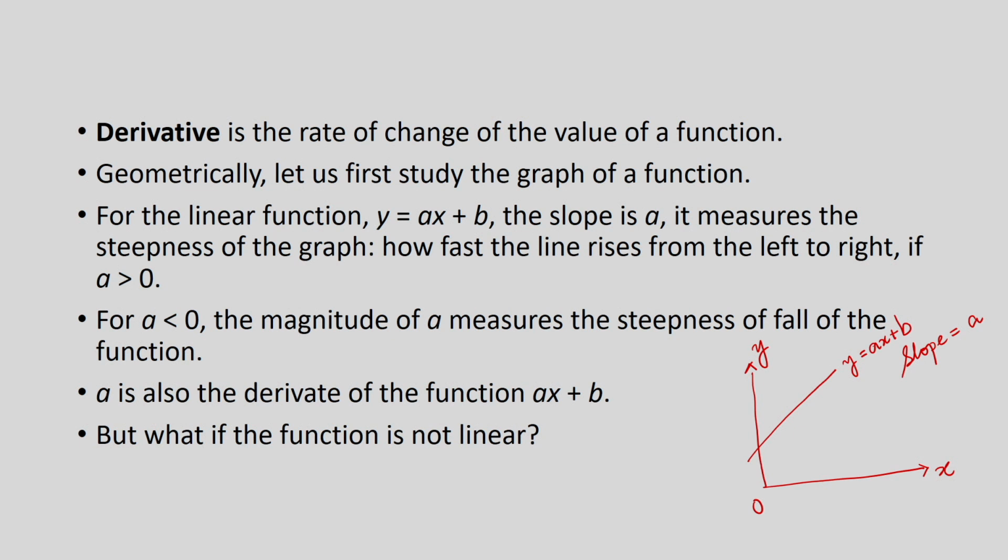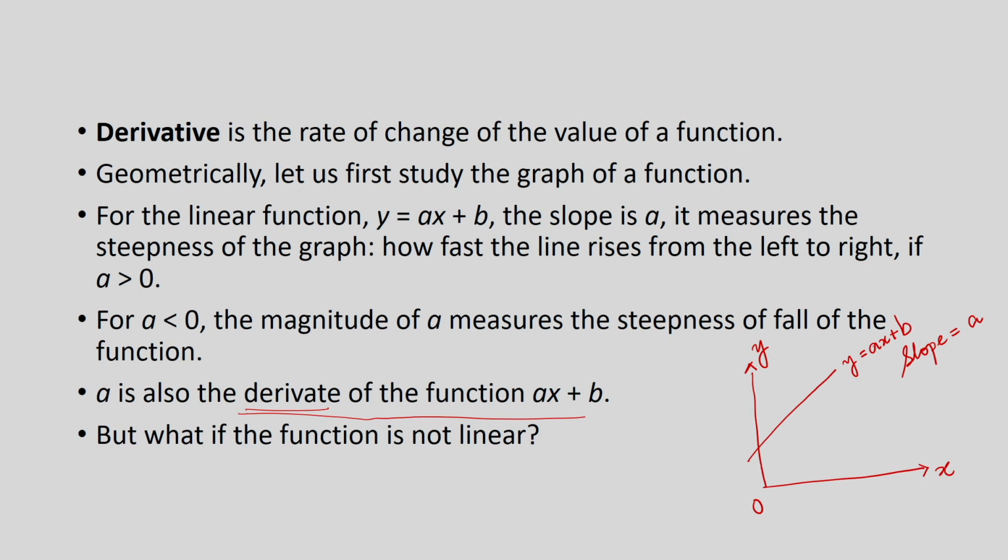Now, a is also called the derivative of this function ax plus b, right. This is basically the slope of this function. If we have a linear function, then the slope is the derivative of that function. So it measures how much y is changing with respect to x, and that is the idea of slope, and that is also the idea of derivative.